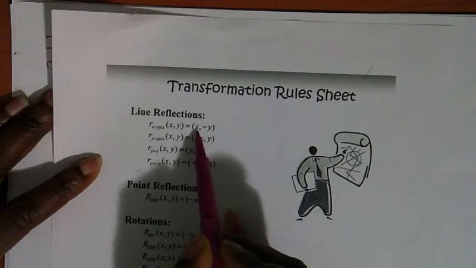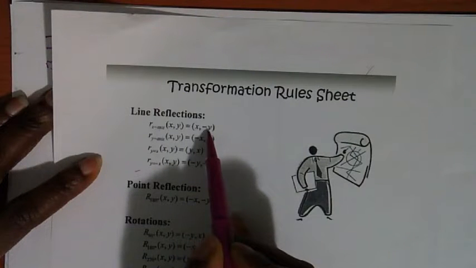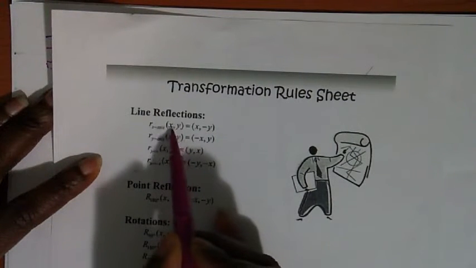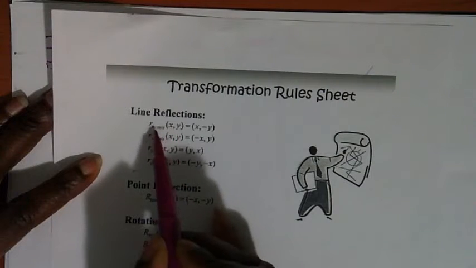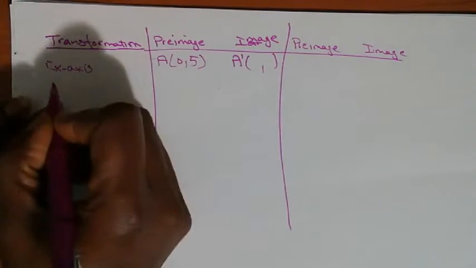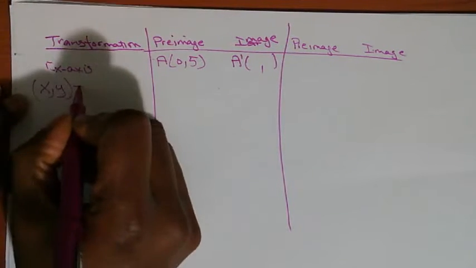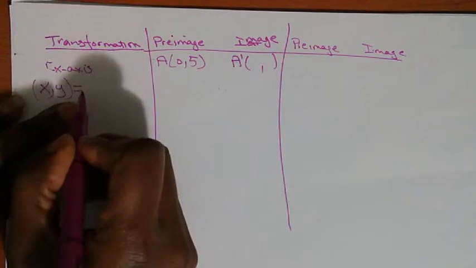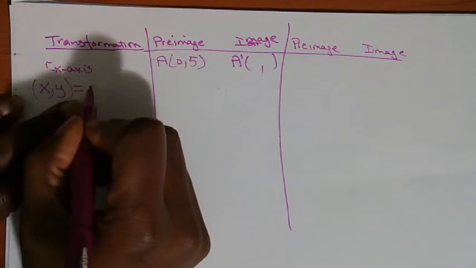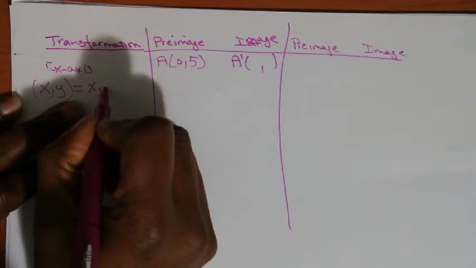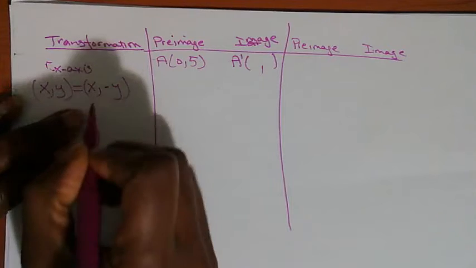So my x value remains the same and my y value is going to change. Let's copy this rule onto the paper. This is my x and y coordinate. After the reflection, my x value remains the same and my y becomes negative.